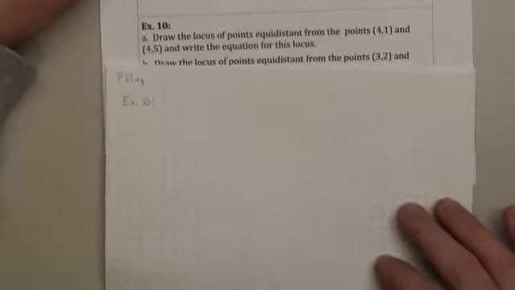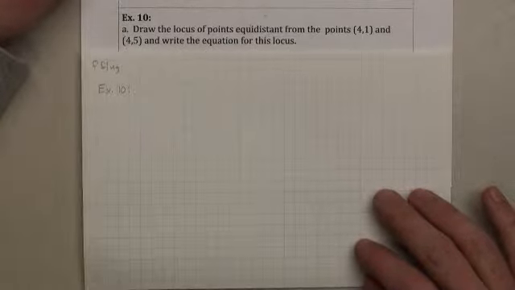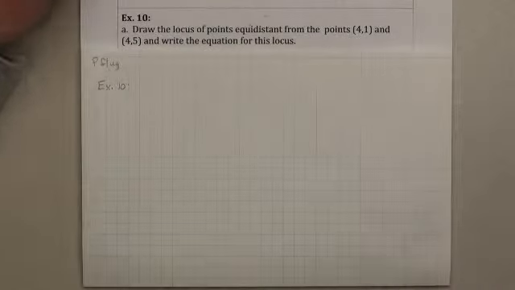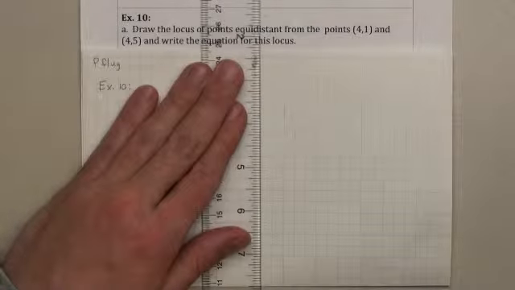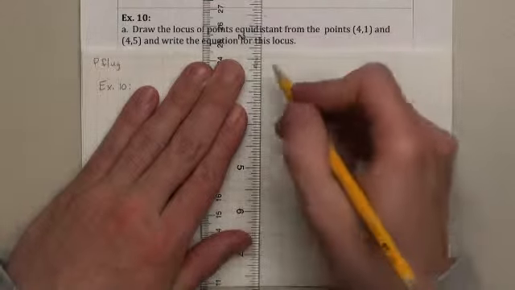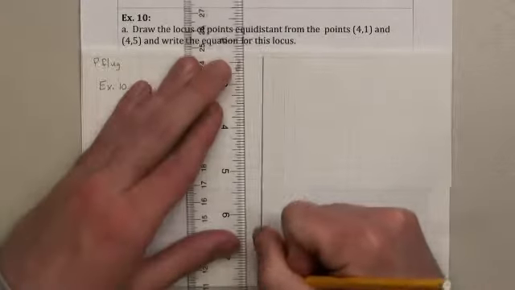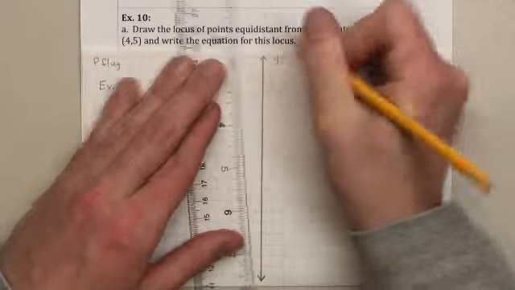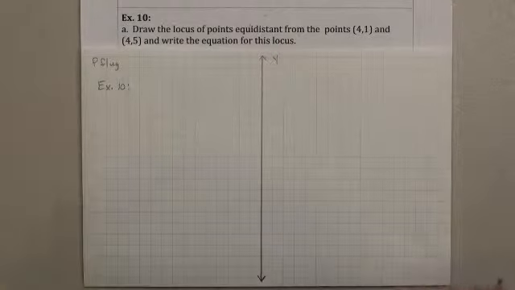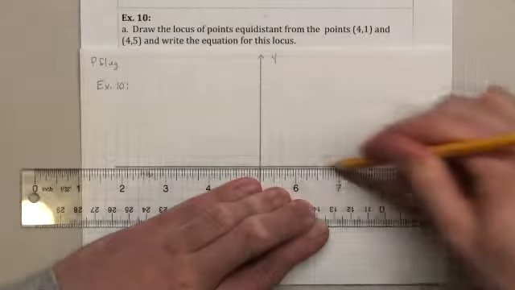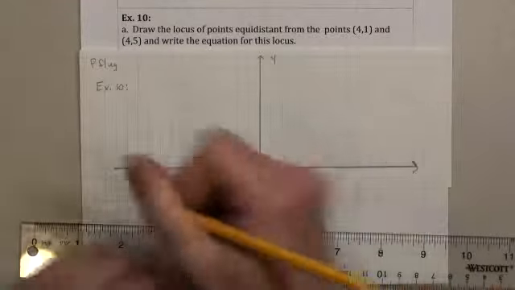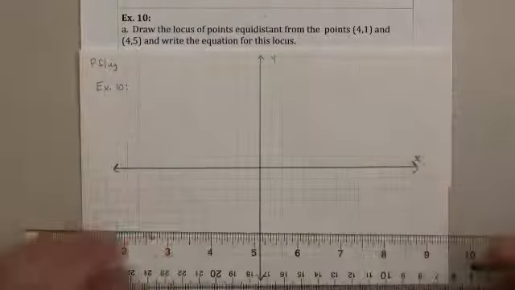Okay, example 10. There's a couple of parts to this problem. Let's just take it one at a time. The locus of points equidistant from the points 4, 1 and 4, 5. So we do need a coordinate axis. There's my y. There's my x.